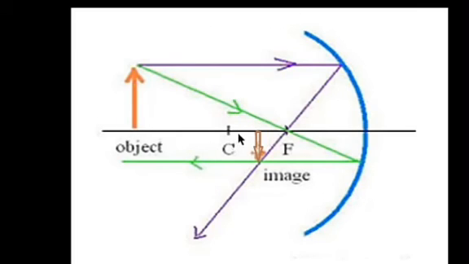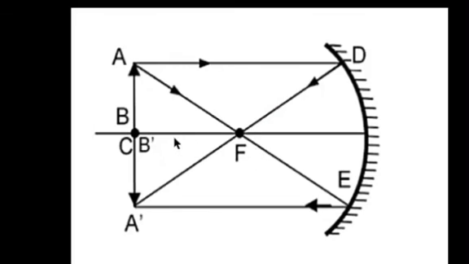Now, if the object is beyond C, the image will be between C and F. The size of the image will be less than that of the object, and it will be an inverted real image. Now, if the object is at the center of curvature C, the image will also be at the center of curvature C, and the size of the image will be the same as the size of the object, and it will be an inverted image.